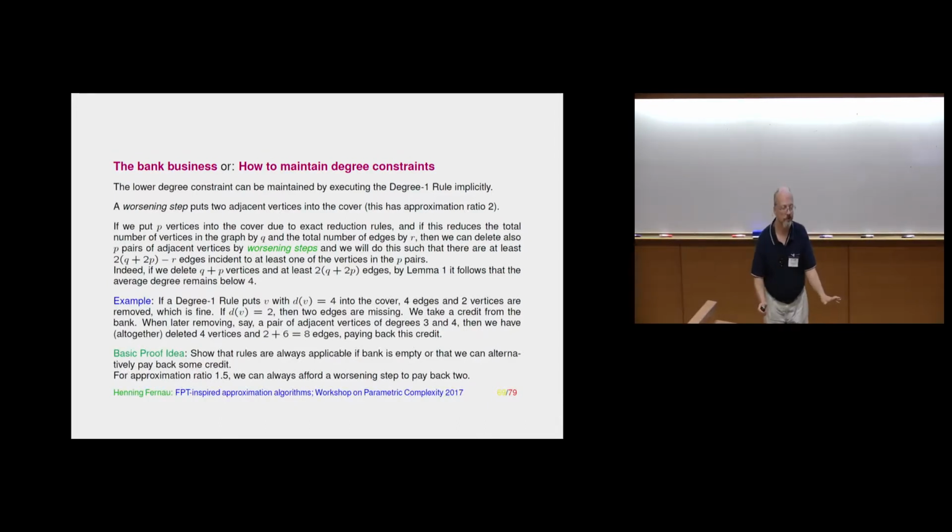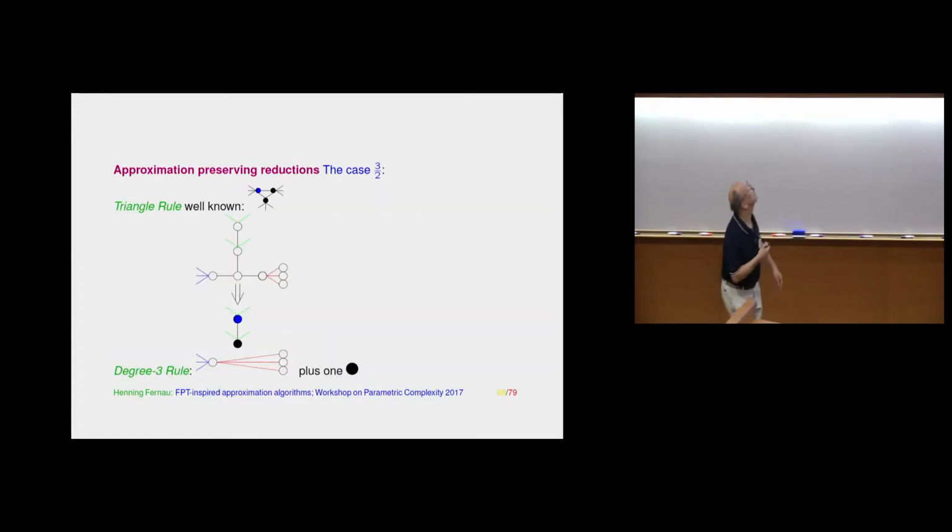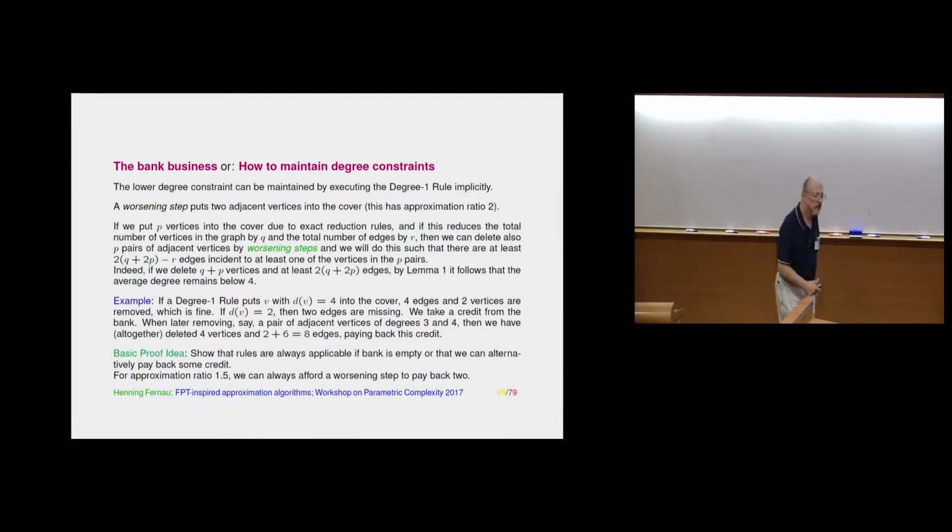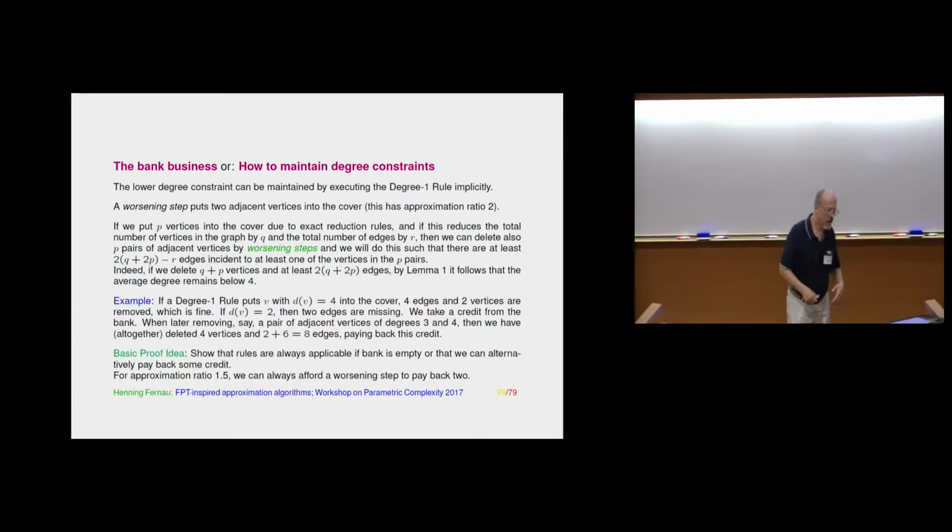But the basic idea is, if I have an exact rule that, in our case, is taking credit from the bank because these degree constraints are not met, then it is always possible at some later point in time, not immediately as I did here, to grab some edge, best an edge where the two vertices have high degree, or at least one of them has high degree, so that by removing these two vertices plus all incident edges, I can pay as much back to my bank as I like.